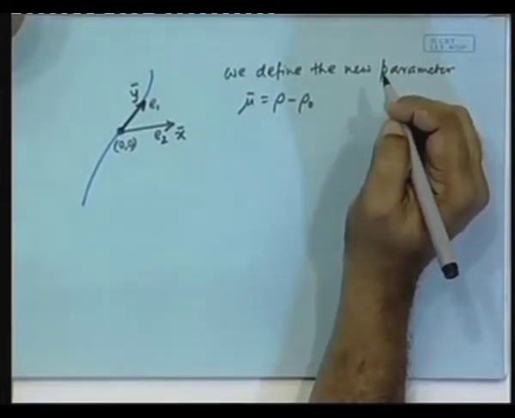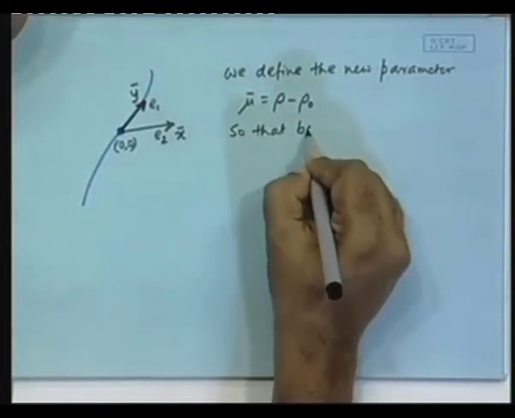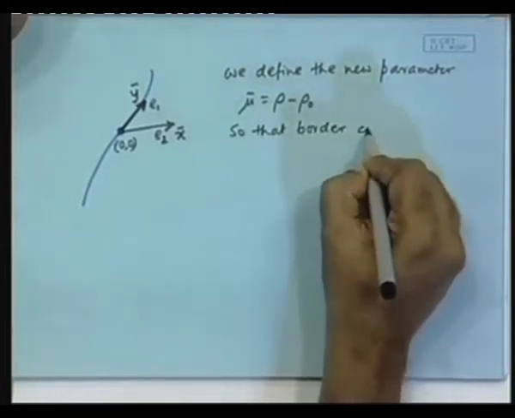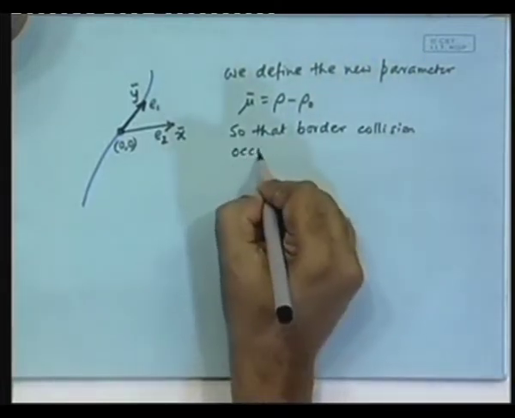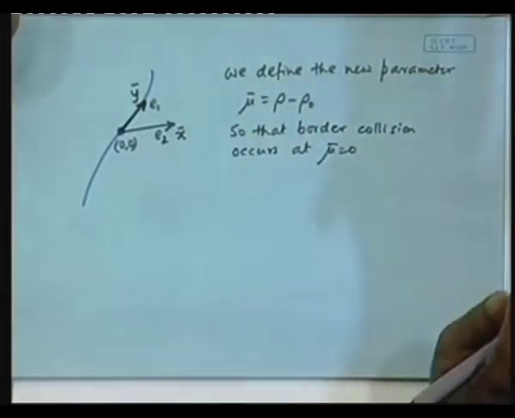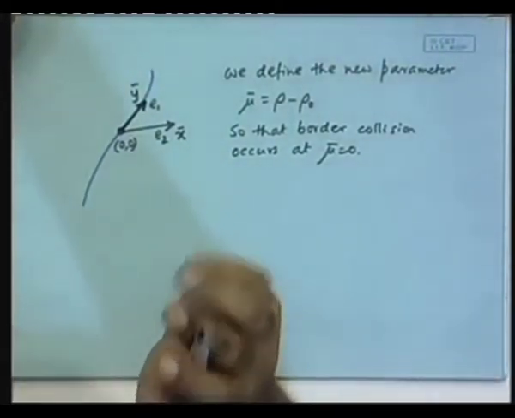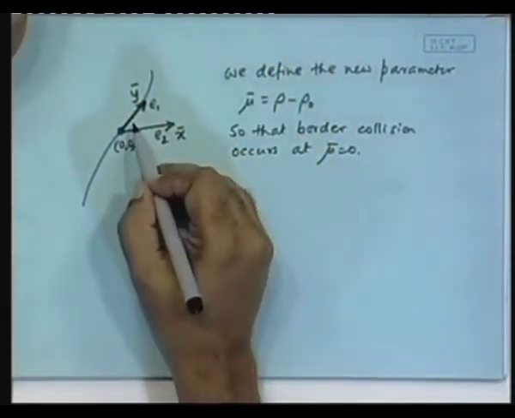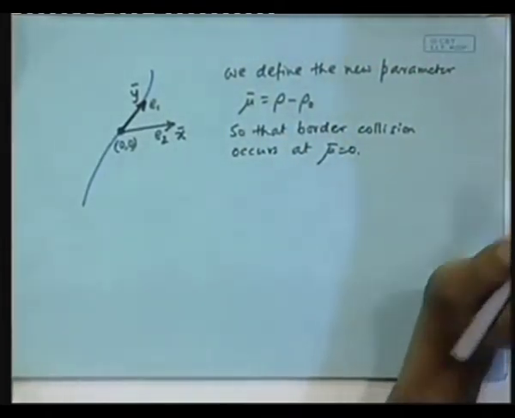Okay. So there are few things that we have done. We have changed the coordinate in terms of x and y, and we have also changed the coordinate in terms of the mu, the parameter.